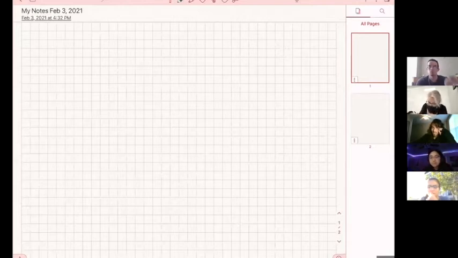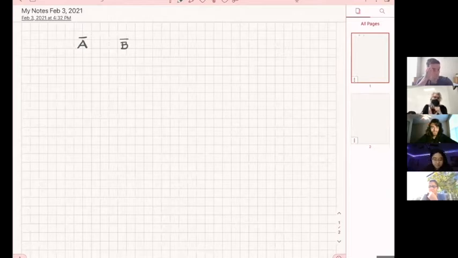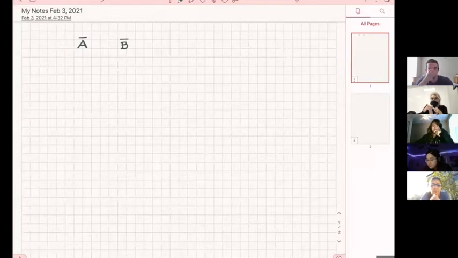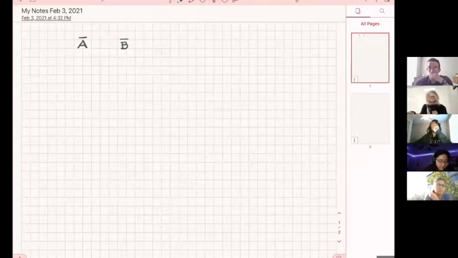Let's assume that we have two vectors, A and B. And I'm giving you these two vectors in what system? Let's assume I'm giving you the two vectors in a spherical coordinate system. Okay, so just to make it difficult, or cylindrical.